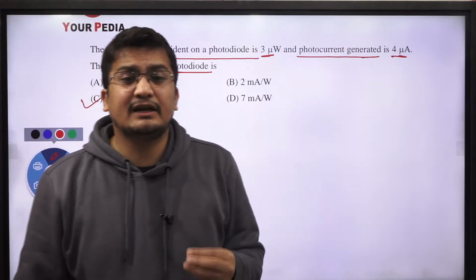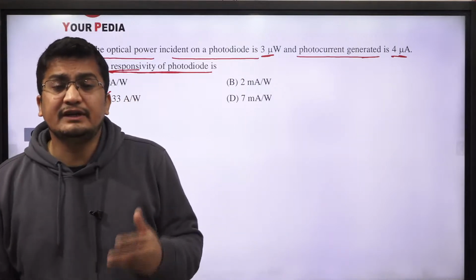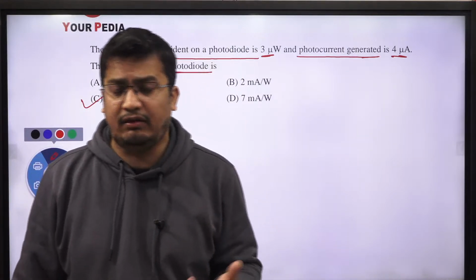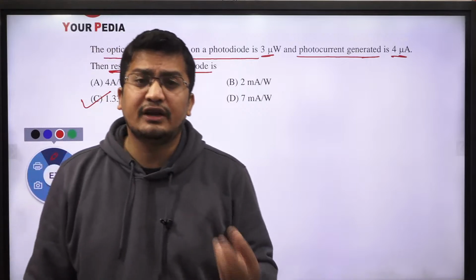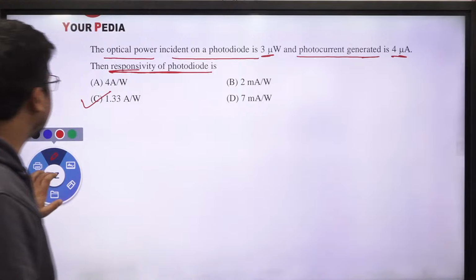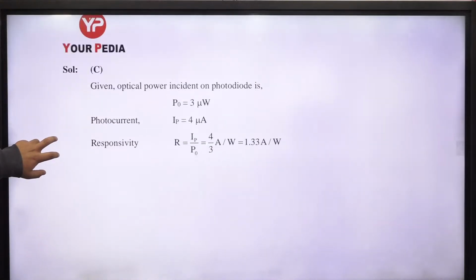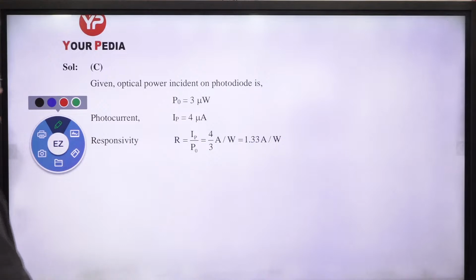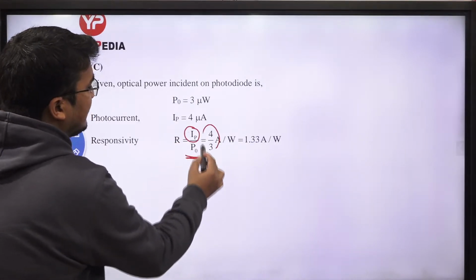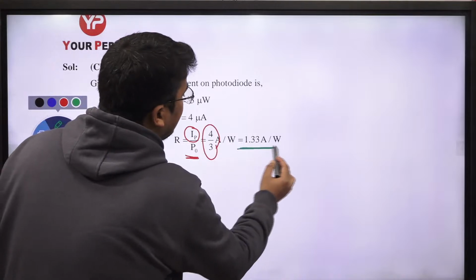Responsivity indicates how effective your photodiode is, or you can say it is the photocurrent generated per unit of incident power. So the solution will be C. How will I calculate the responsivity? I will directly calculate it as the photocurrent generated divided by the power incident. It will be 4 by 3, so the answer will be straight away 1.33.